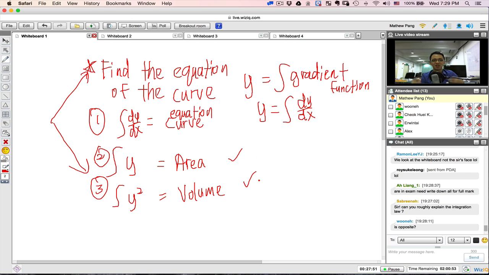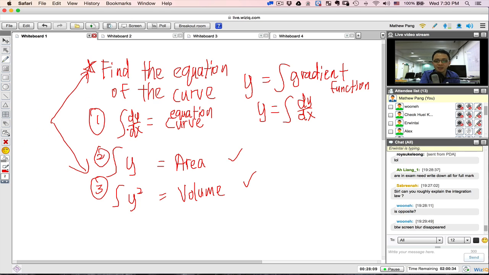They always ask you to find the shaded region, and when the shaded region is rotated 360 degrees about the x-axis, you get a volume. So this is some basic concept about integration. I hope this idea can help you a lot, because a lot of students do not know this. Okay, now you can see me.